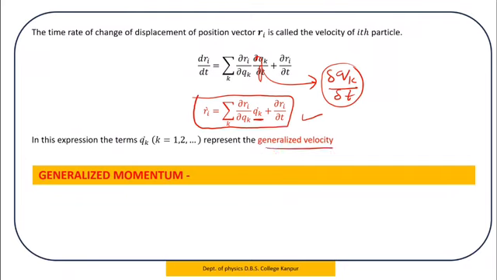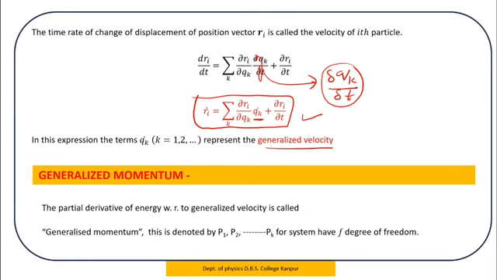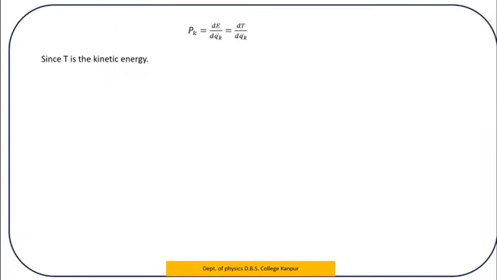Generalized momentum. The partial derivative of energy with respect to generalized velocity is called generalized momentum. p1, p2, pk are the generalized momenta. ∂E upon ∂qk dot, where E is equal to total energy T plus V. Potential energy is independent of velocity, so its differentiation is 0.